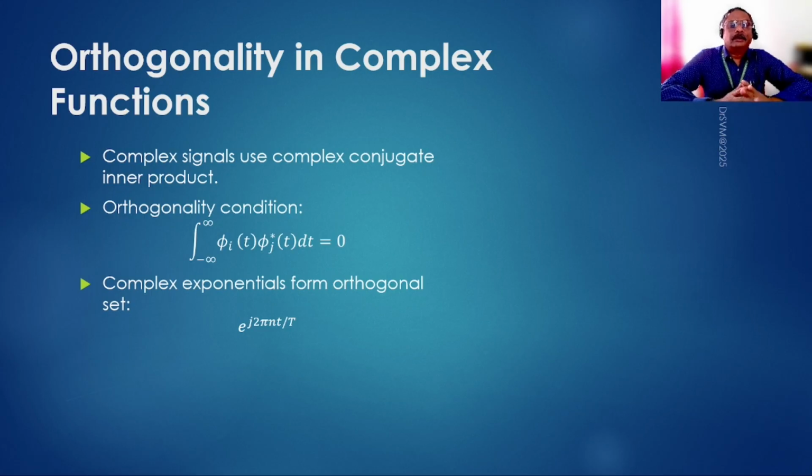Now we have e to the power j 2 pi n t. That means as time is increasing, this vector is changing its position. The theta value is increasing with time t, and one revolution is given by 2 pi n over capital T, that is one period, as we call it.